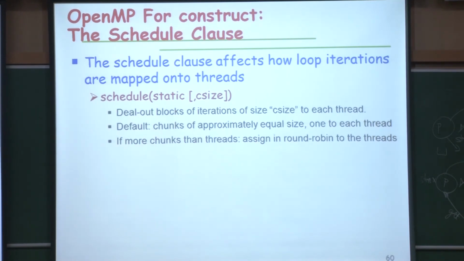But if you have more chunks than the number of threads, it will again go back to thread 0, thread 1, thread 2. So it is basically what is called a block cyclic allocation, a block of rows allocated to each thread and then done cyclically. Again, the idea is to spread the work as evenly as possible.